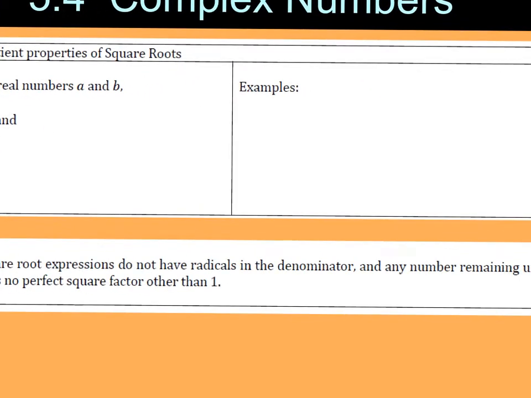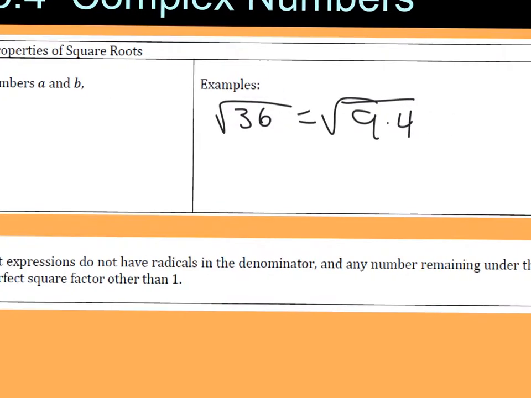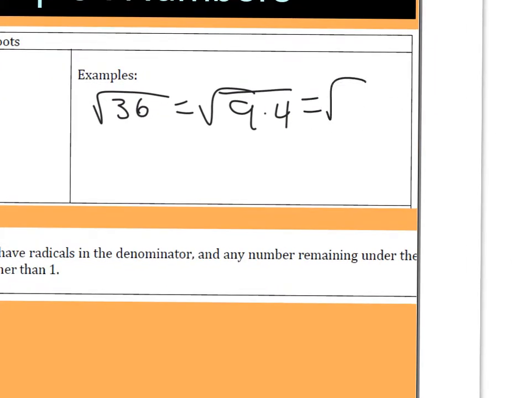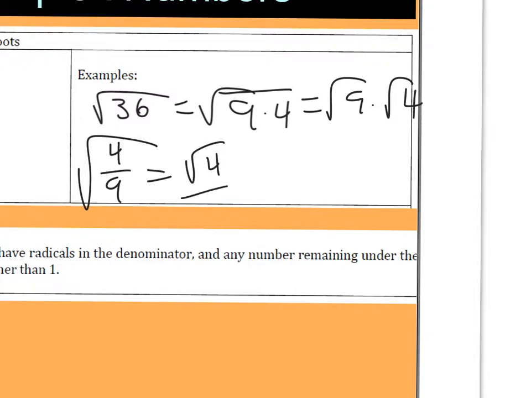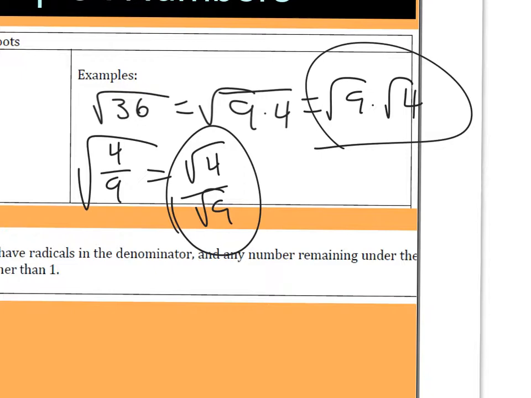So if I've got the square root of 36, that's equal to the square root of 9 times 4, which is equal to the square root of 9 times the square root of 4. Likewise, the square root of 4 over 9 is the same thing as square root of 4 over square root of 9.